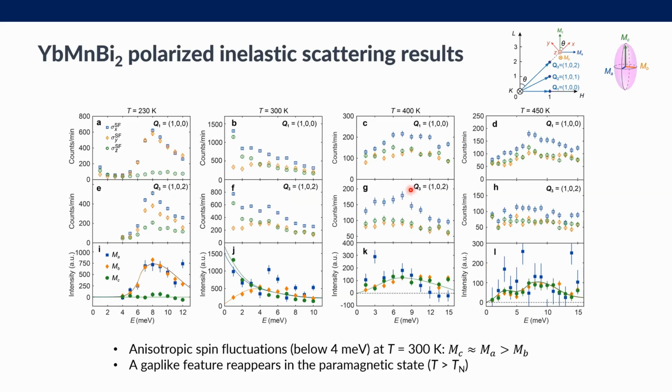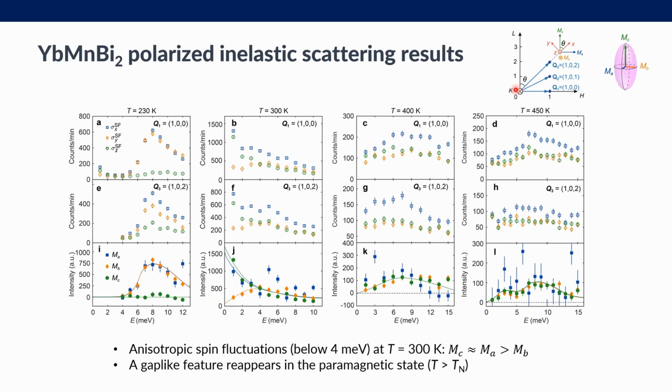So here I'm showing our polarized inelastic neutron scattering results. The top two panels are showing the three polarization cross sections at (100) and (102) wave vectors. They are equivalent antiferromagnetic wave vectors. So as I mentioned, when we probe at the (100) wave vector, we are probing the magnetic response within the KL plane.